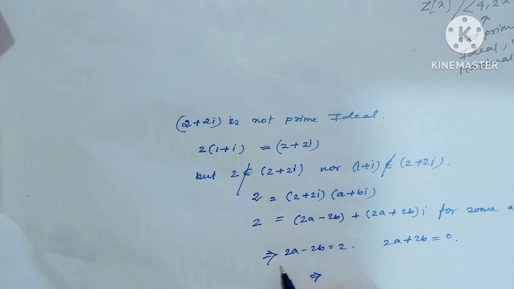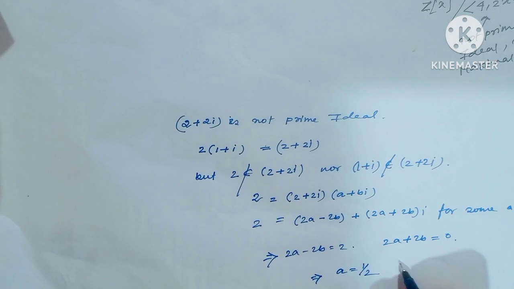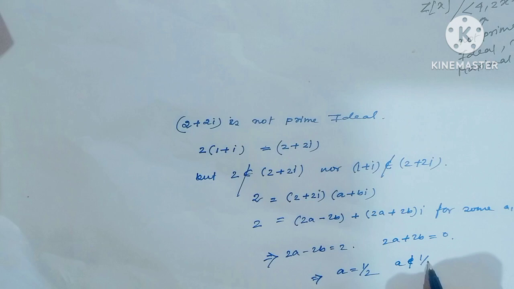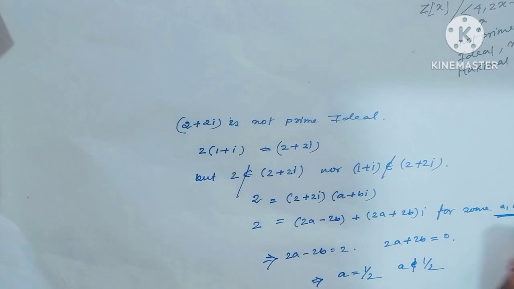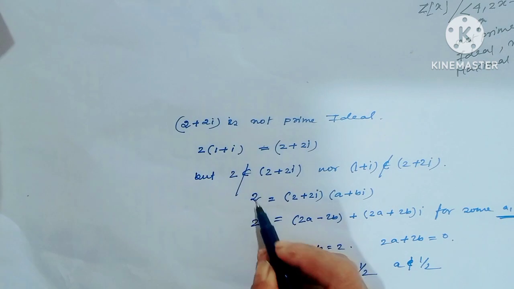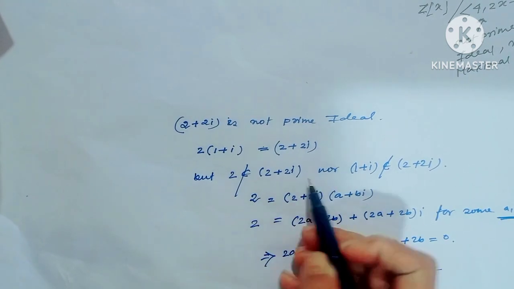By solving these equations, a equal to half. But a equal to half is not possible because here a, b belong to integers. That means 2 does not belong to the ideal 2 plus 2i.